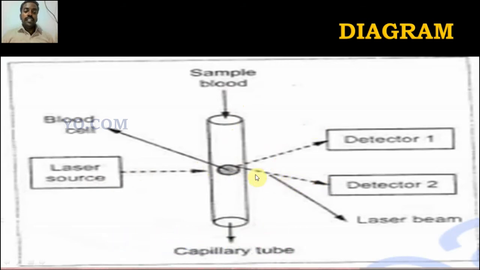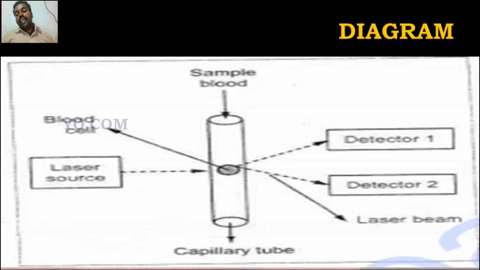The scattered light is detected by a number of detectors. The circle indicates the blood cell. The blood cell changes the direction of the laser wave.